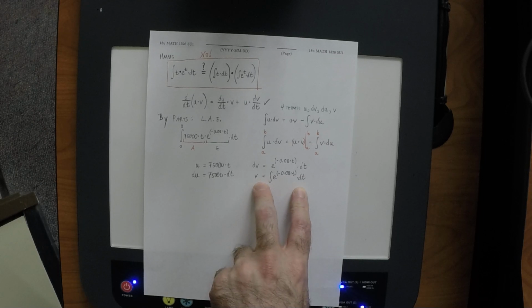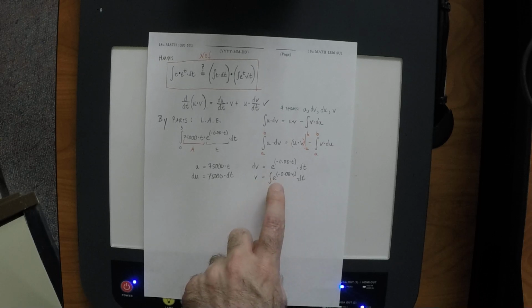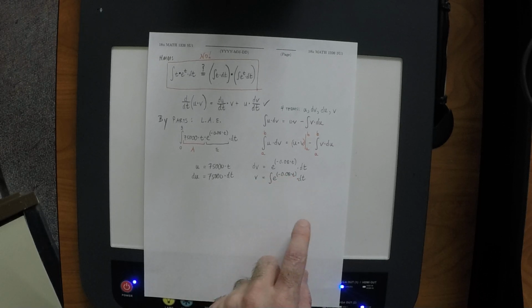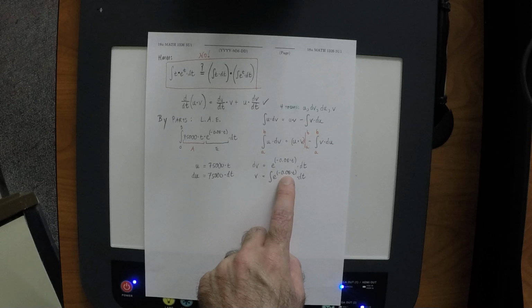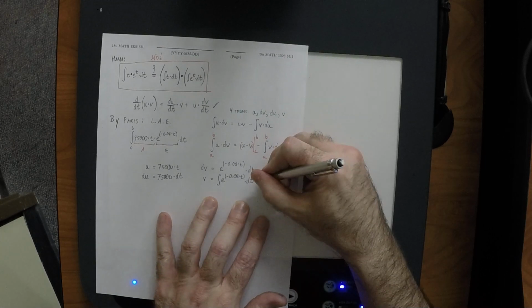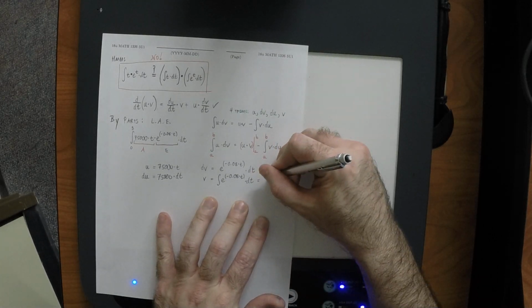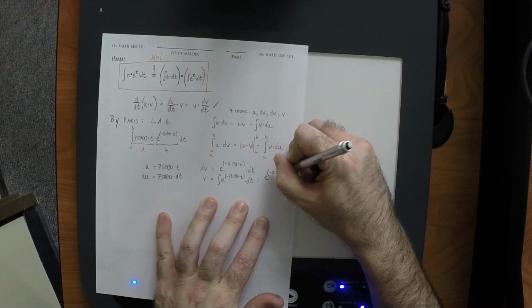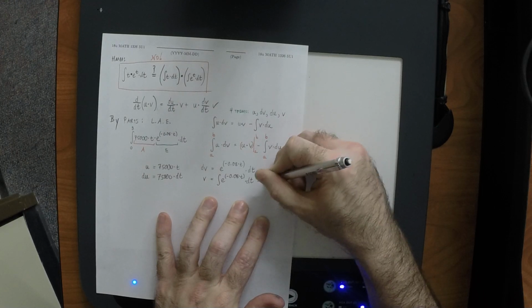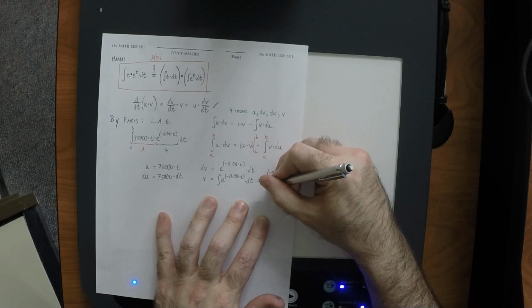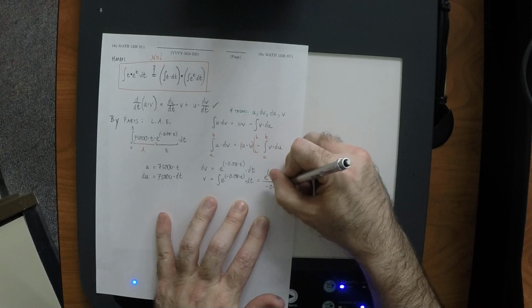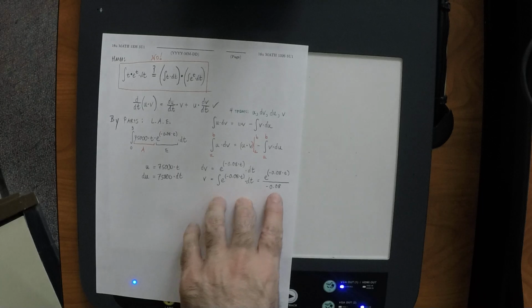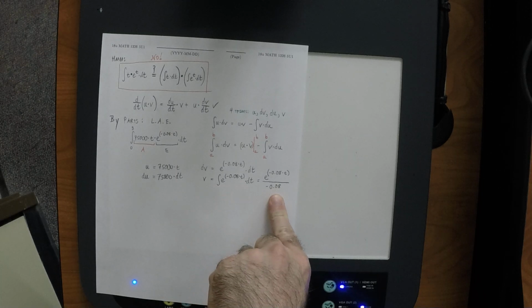Notice it's exactly that one that I mentioned on the previous page. This is exactly the antiderivative of exponential kt dt, where k is that number there. So the answer is exponential negative 0.08 t, divided by negative 0.08.